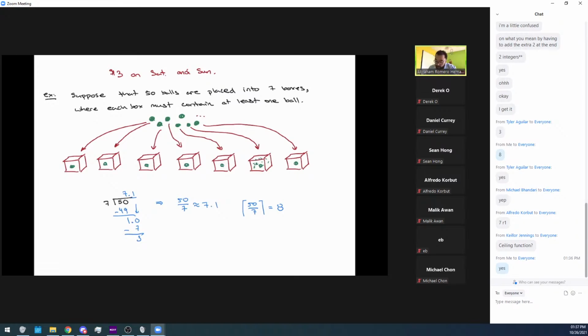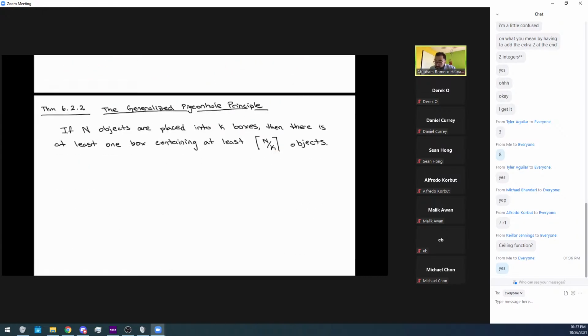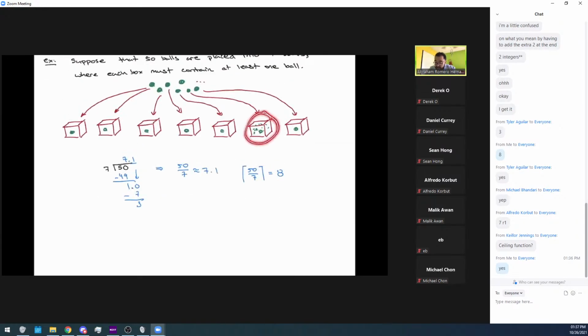If I put all 43 balls in here, and everyone else just has one ball, this one will have 44 because of the one that you put there before. This box will still hold with the pigeonhole principle because this box contains at least 8 or more objects.